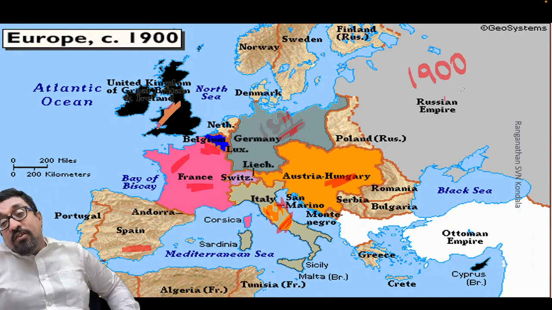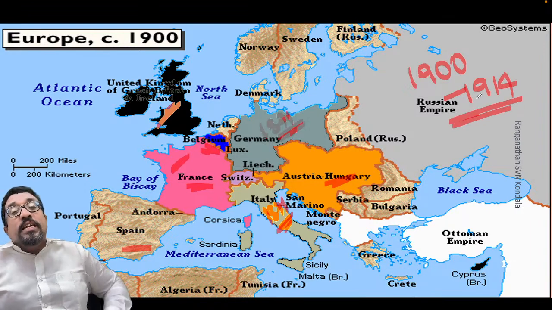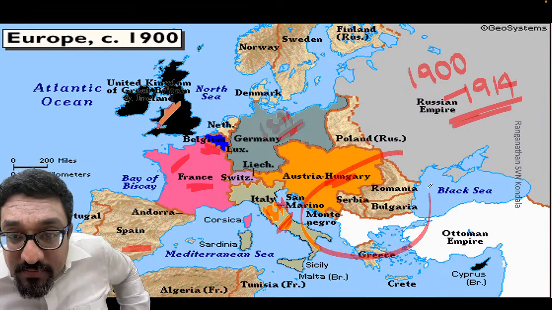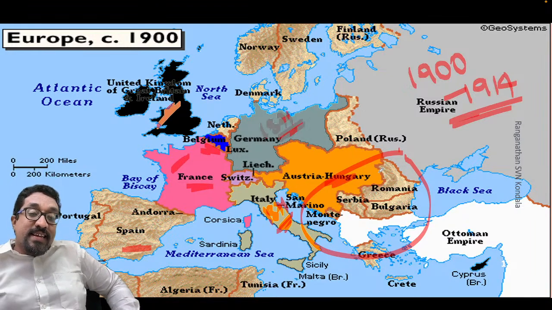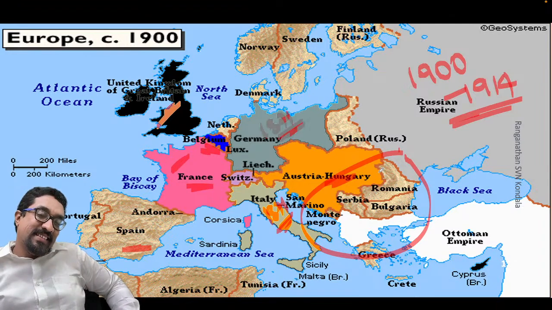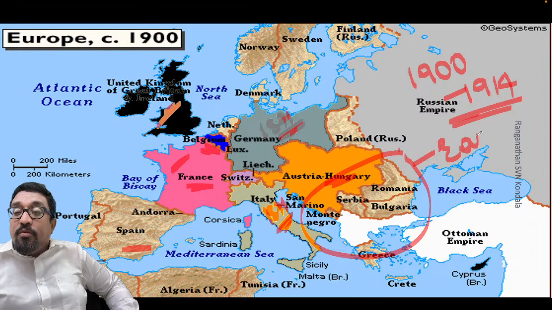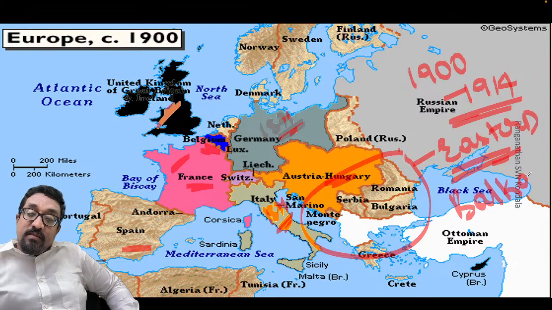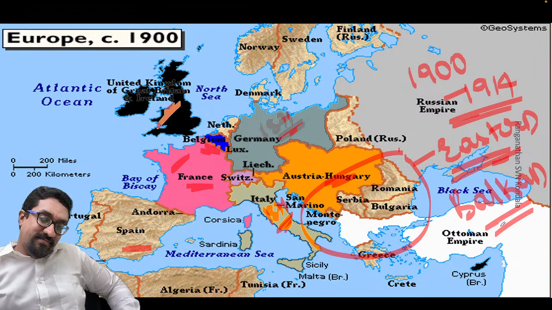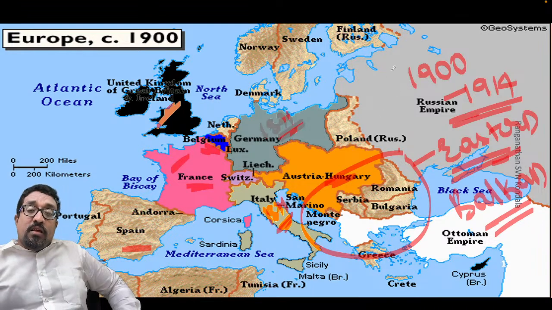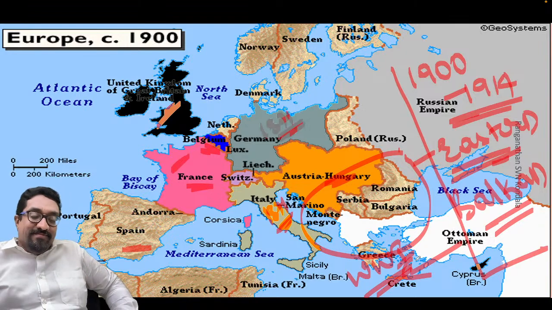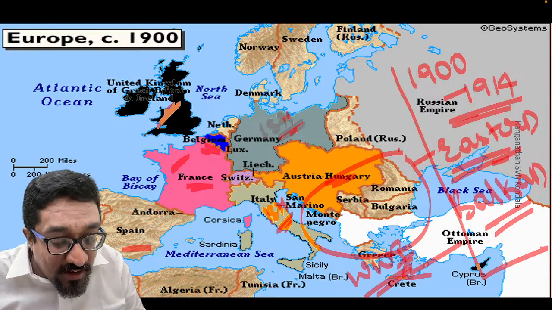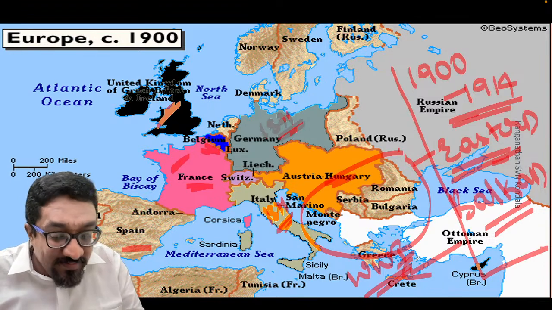Between 1900 to 1914, we see the development of nationalism in this part: Serbia, Bulgaria, Romania, Montenegro, Albania, Greece, Yugoslavia, Macedonia, commonly called Eastern Europe or the Balkan Europe. This is what led to World War I. When nationalism started in Eastern Europe, it led to World War I.